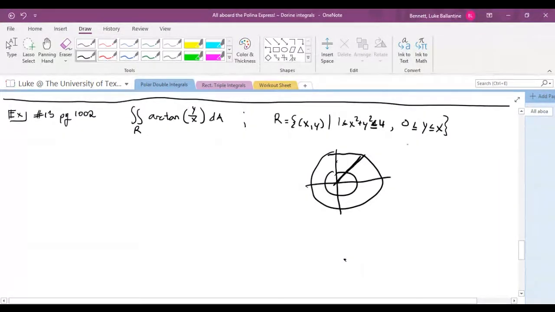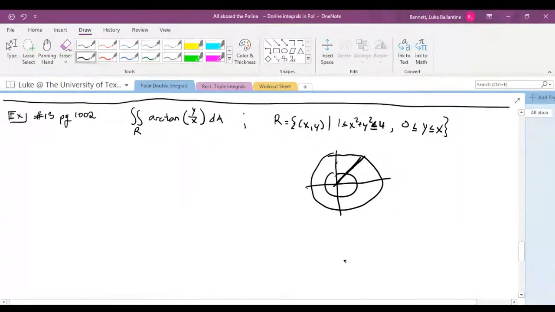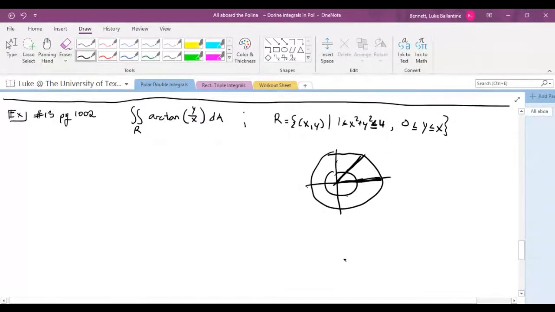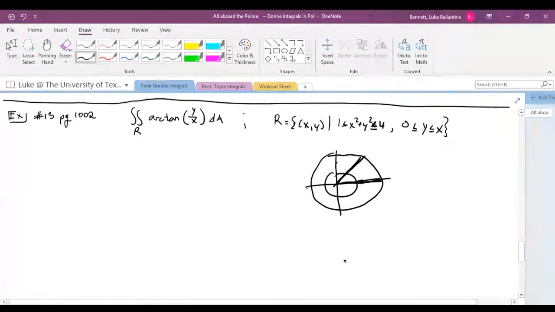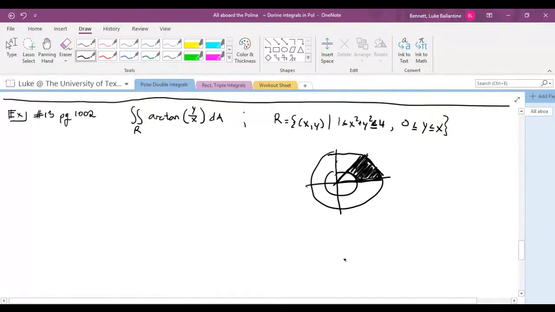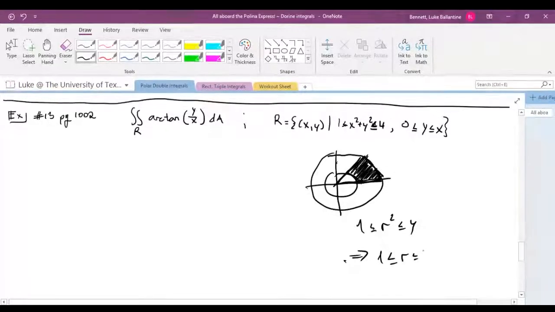And so y is greater than 0 but less than x. So I think it's this region right here. So r squared lies in between 1 and 4. So that's 1 is less than or equal to r is less than or equal to 2.